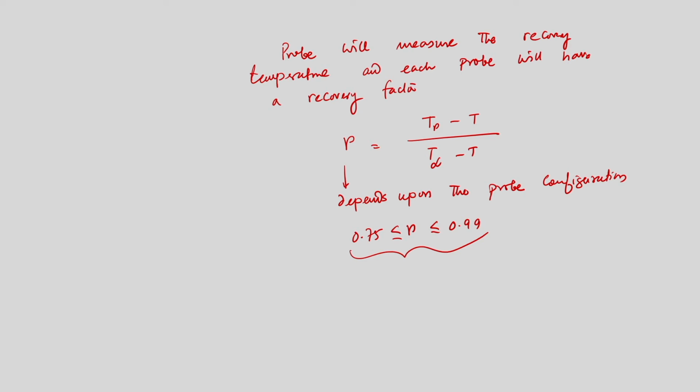So, if we now talk about an ideal probe, definitely the value of R will be equal to 1. So, an ideal probe has R equal to 1, and this value of R depends upon the probe configuration.